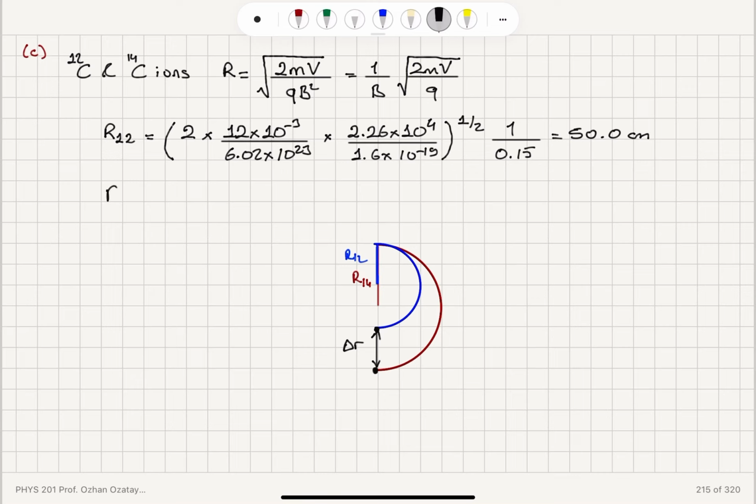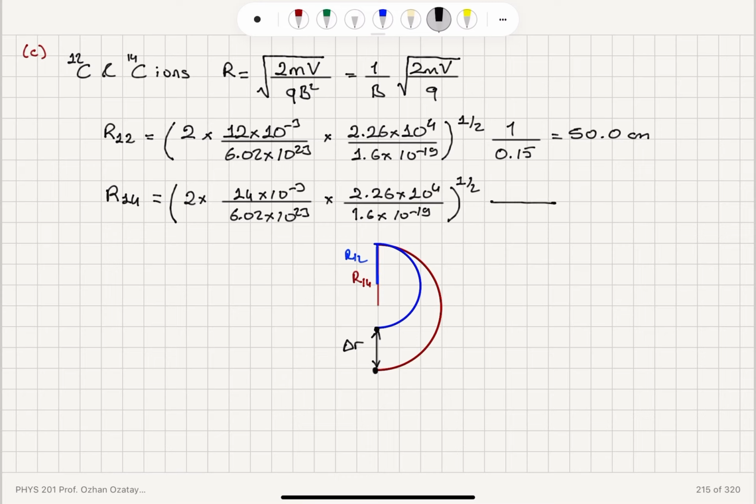Now, how about the radius for carbon-14? If I write it explicitly, this will be 2 times 14 × 10^-3 kilograms divided by Avogadro's number, multiplied by this voltage, 2.26 × 10^4 volts, divided by the charge, 1.6 × 10^-19 coulombs. It's singly ionized. This is inside the square root, multiplied by 1 over the magnetic field.